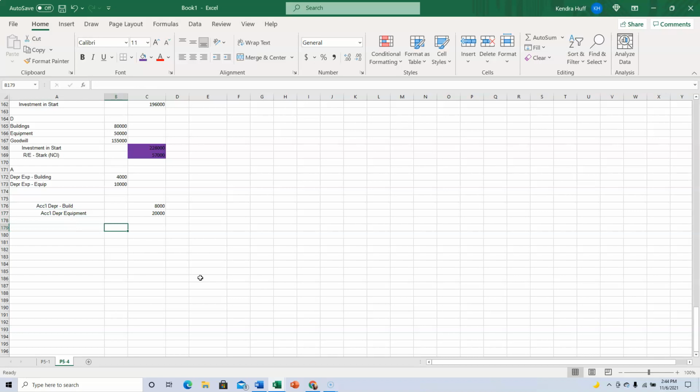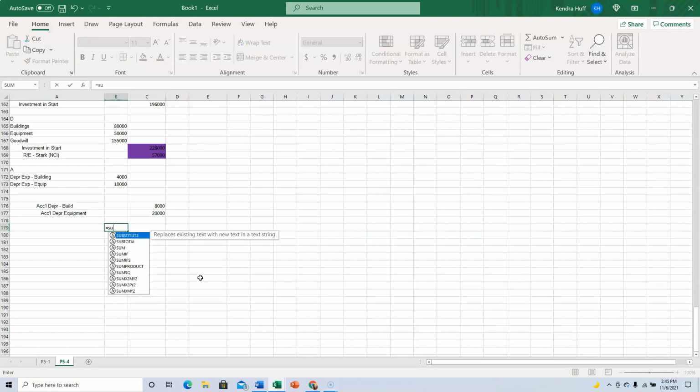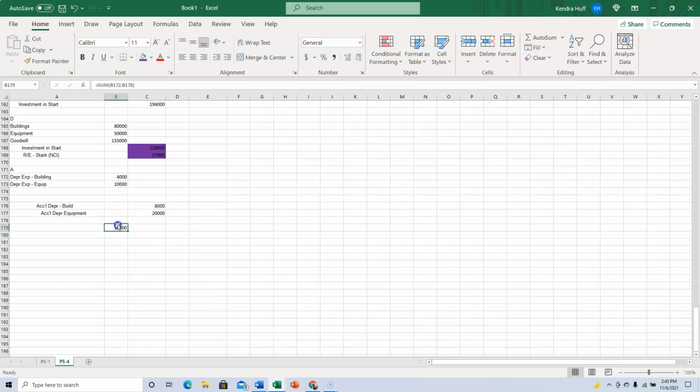All right, now these aren't balancing out, and what they're off by is the amount of depreciation that was recorded last year. So that side's $14,000 and this one is $28,000. And that $14,000 is last year's depreciation. I can't take depreciation expense again. I need to take it out of retained earnings.